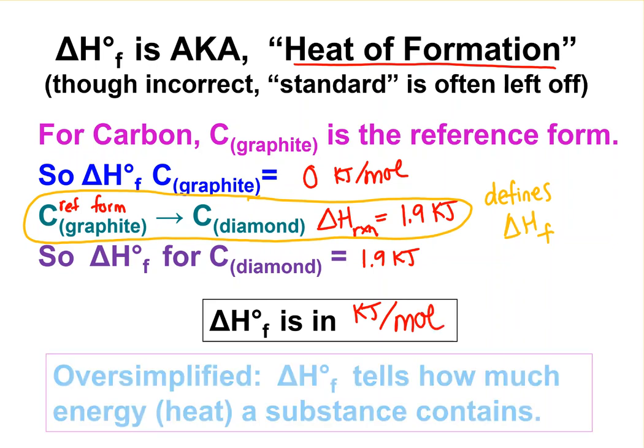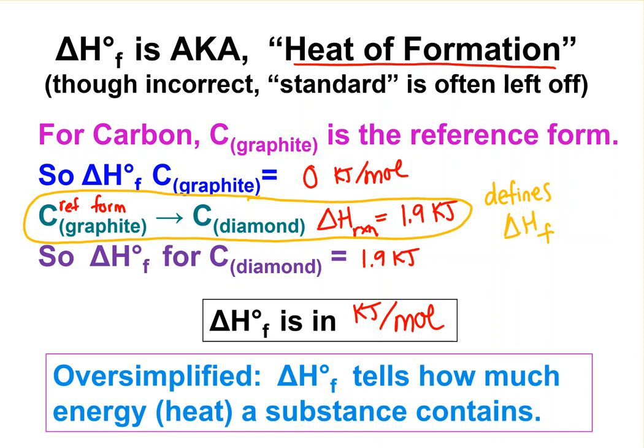And this is how I like to think about it. You can think of heat of formation as how much energy a substance contains. Remember that enthalpy, or internal heat, is not hot. This is not how hot these are. This is how much the substance contains as a chemical potential energy.